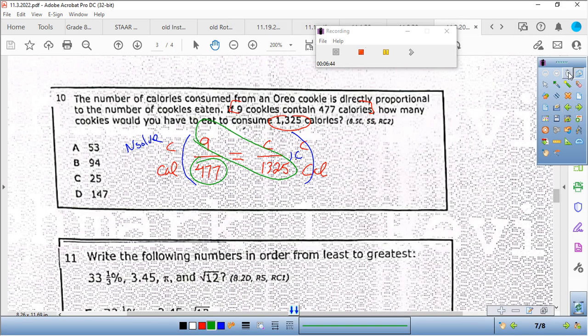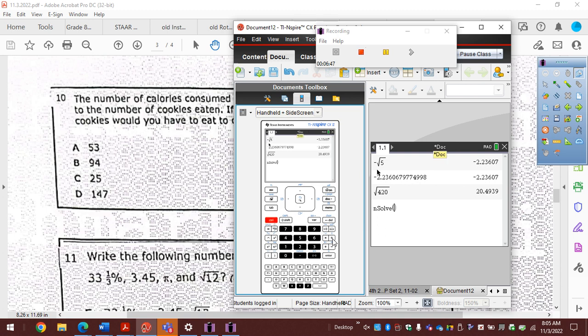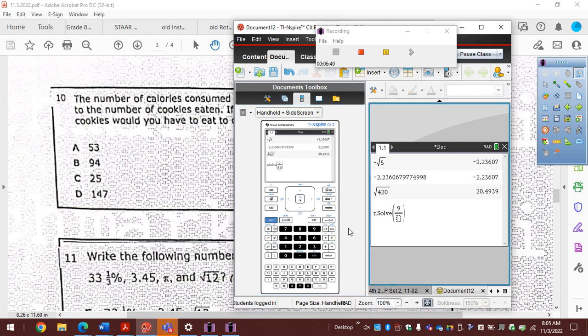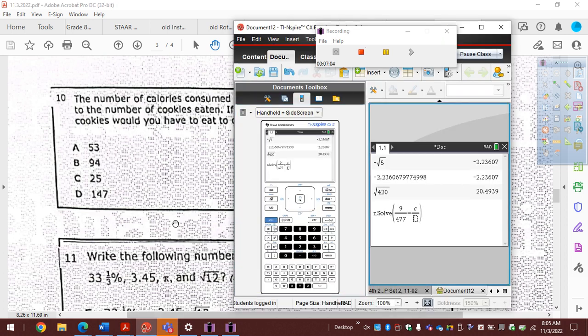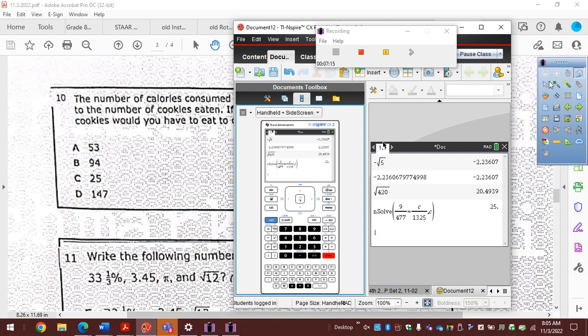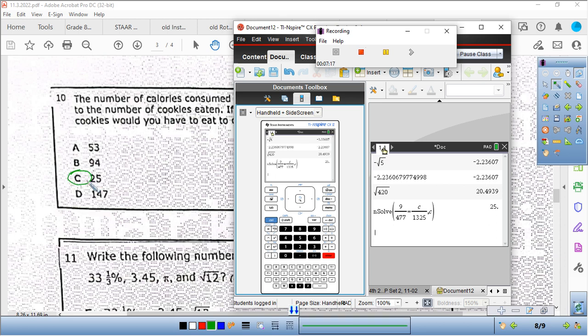Okay, 9 over 477 equals C over 1325, then step off, comma C. Answer's 25.